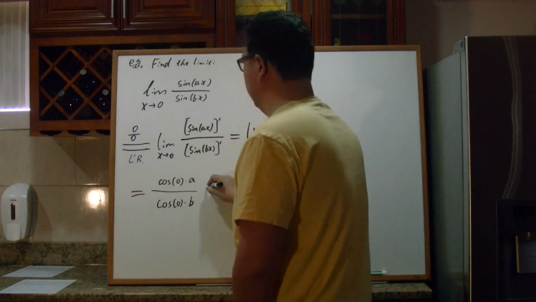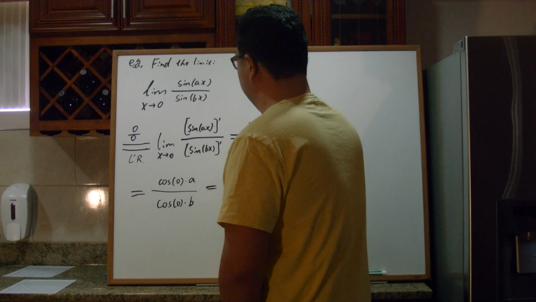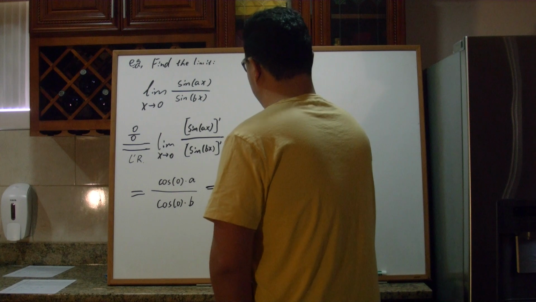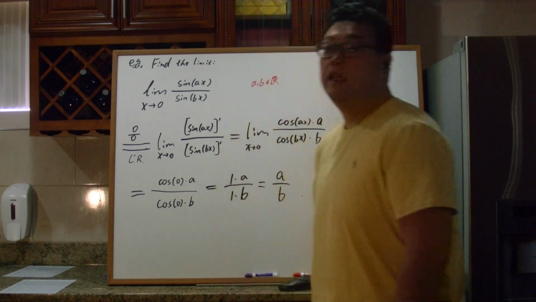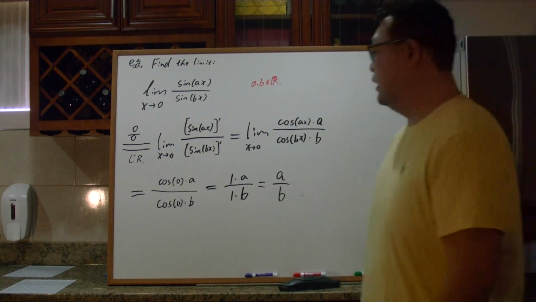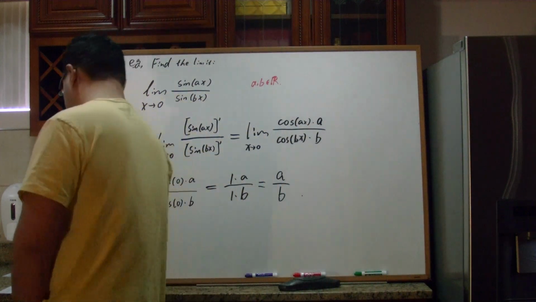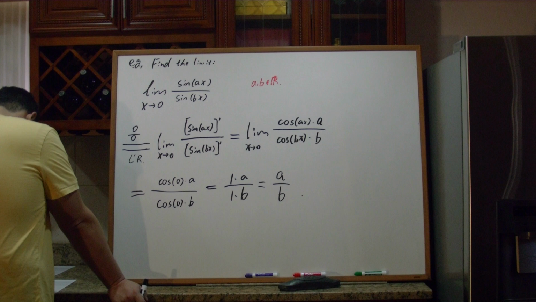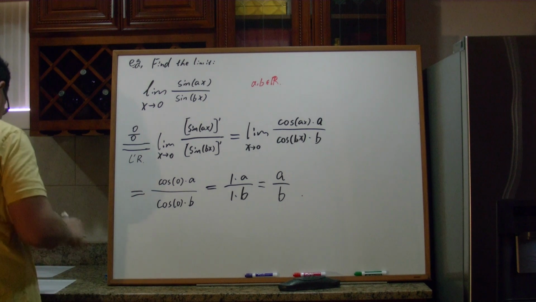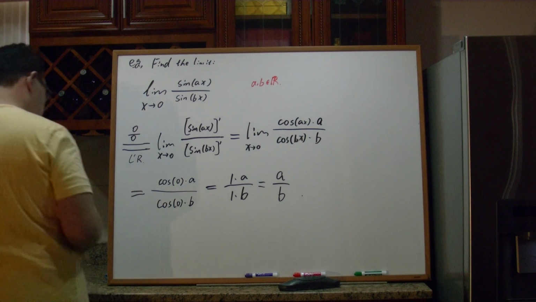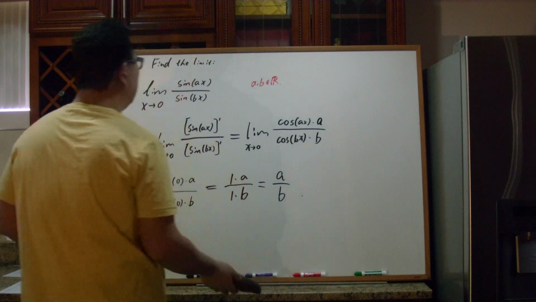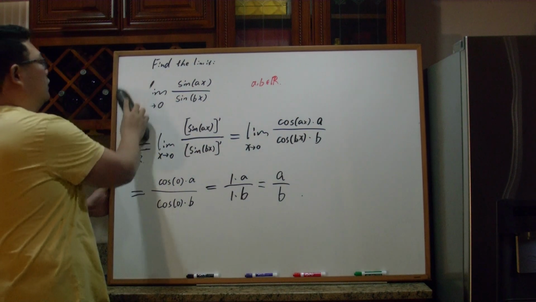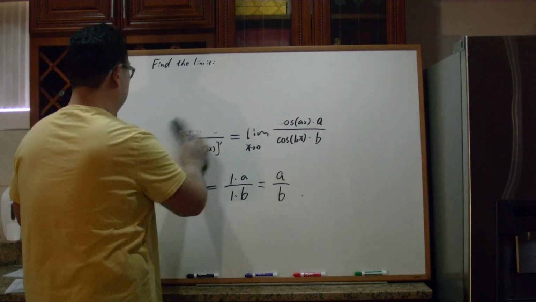That is 1 times a over 1 times b, which equals a over b. So that is one type of how we can apply L'Hopital's rule.